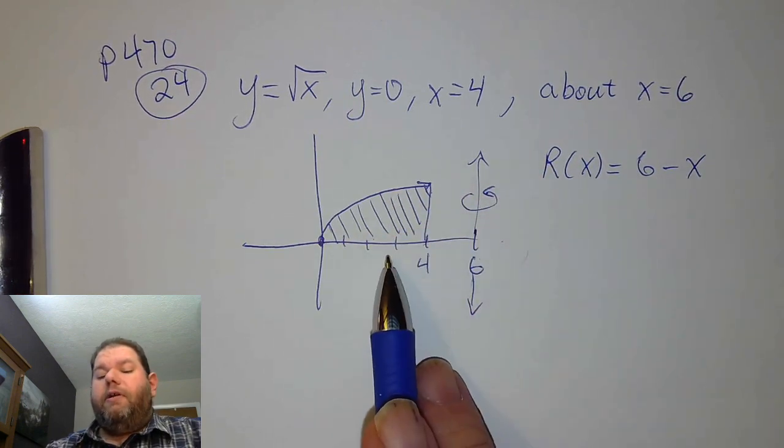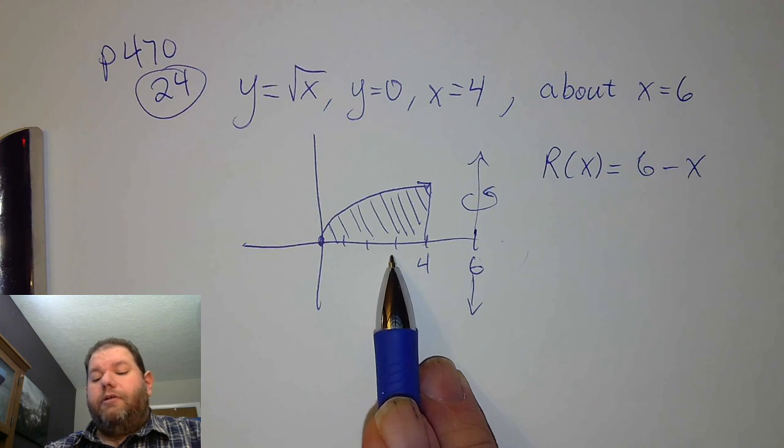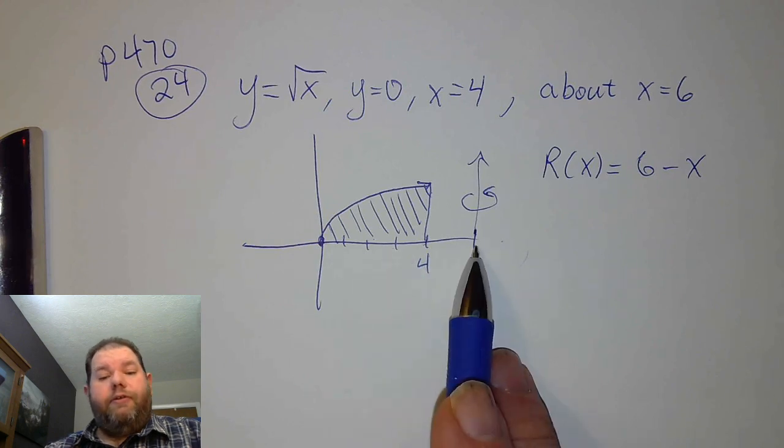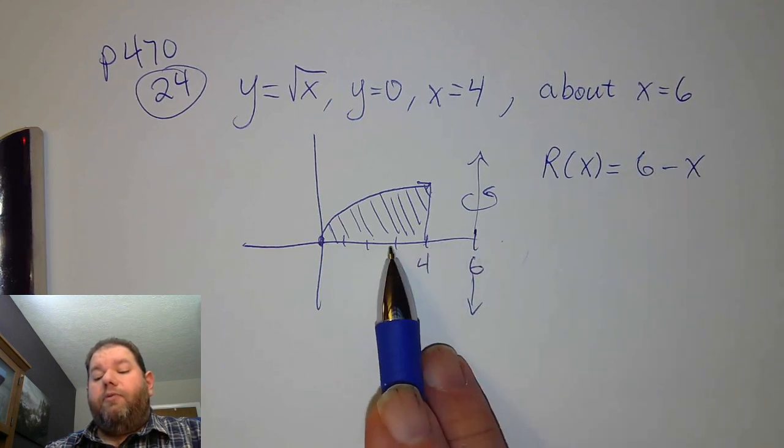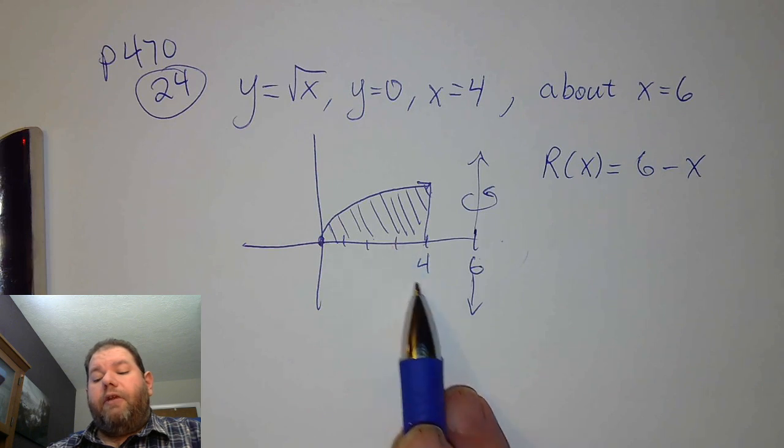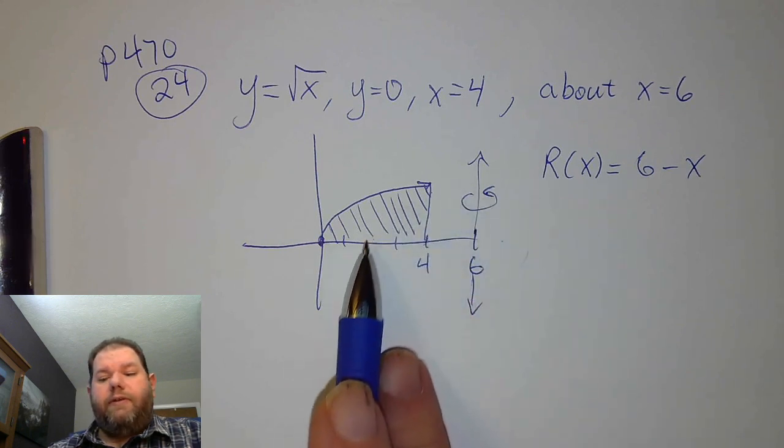If we pick x equals 3, 3 is 3 units away from 6. So if we plug in x equals 3, 6 minus 3, we still have a distance of 3, so it's a radius 3 going around that axis.